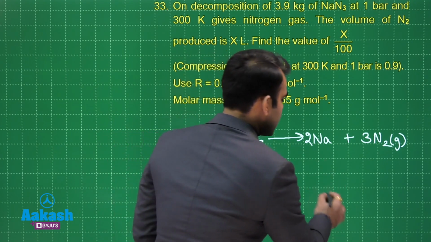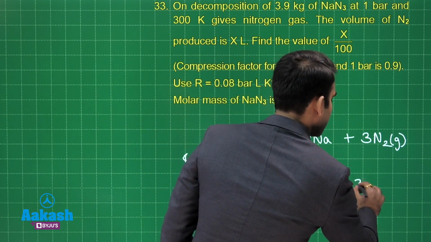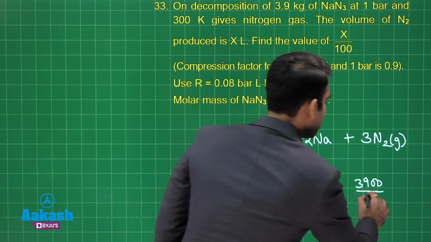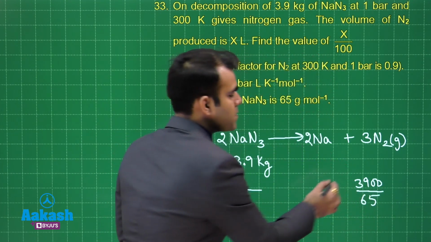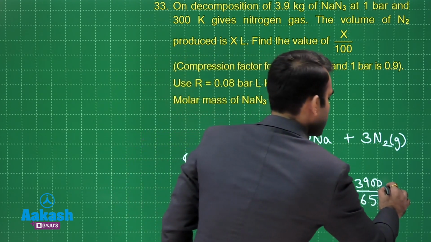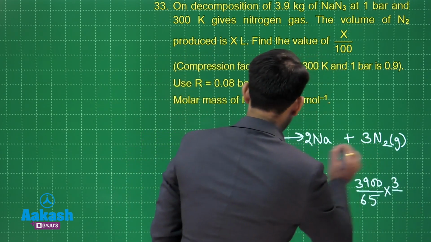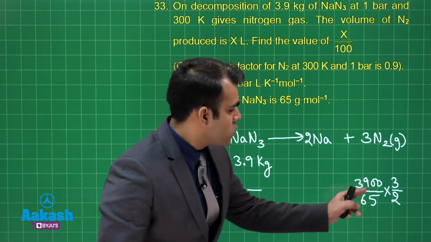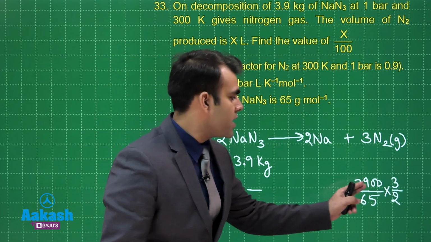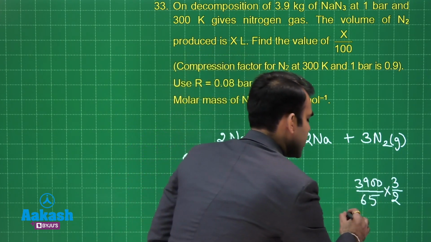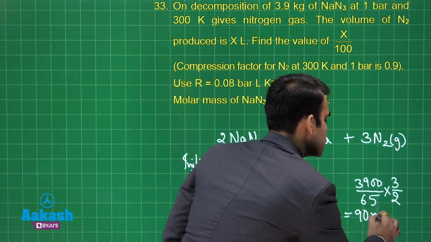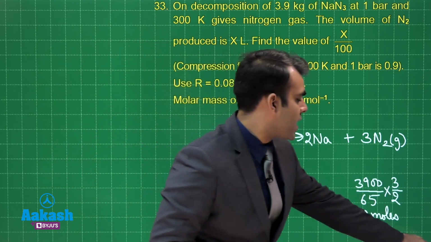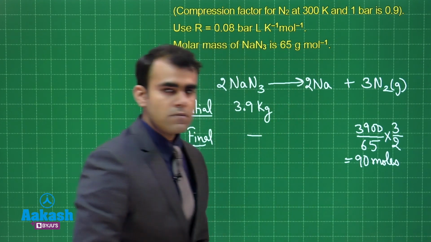And now this 3900 grams, if I convert them to moles, it becomes 3900 divided by 65, and that gives 60 into 3 by 2, that becomes 90 moles. So it means I have 90 moles of nitrogen gas.